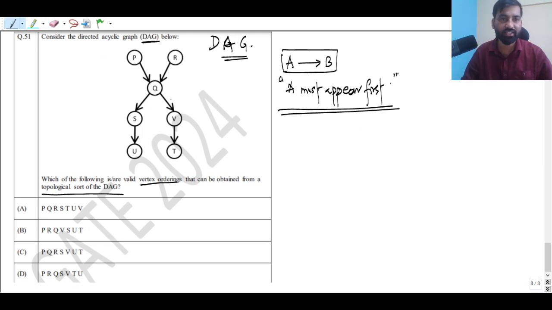In this case, P is directed to Q, and R is also directed to Q. What is the meaning of that?